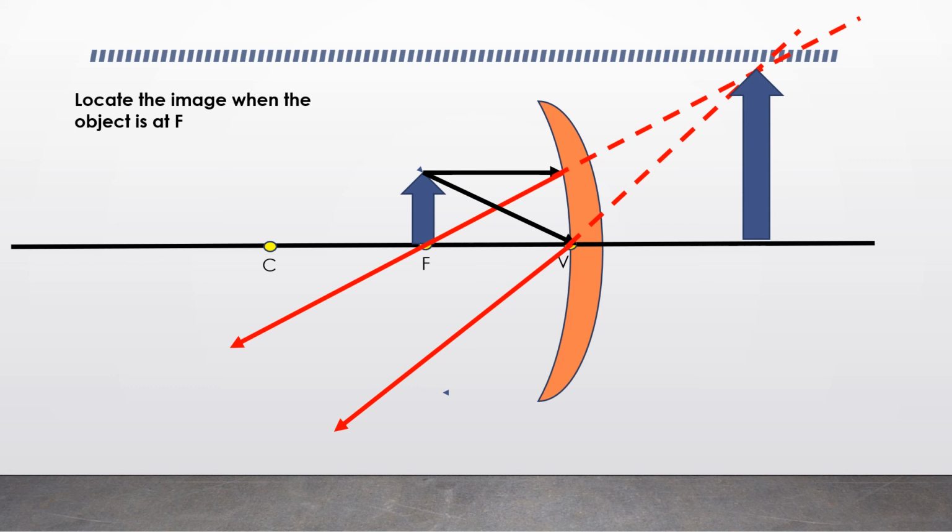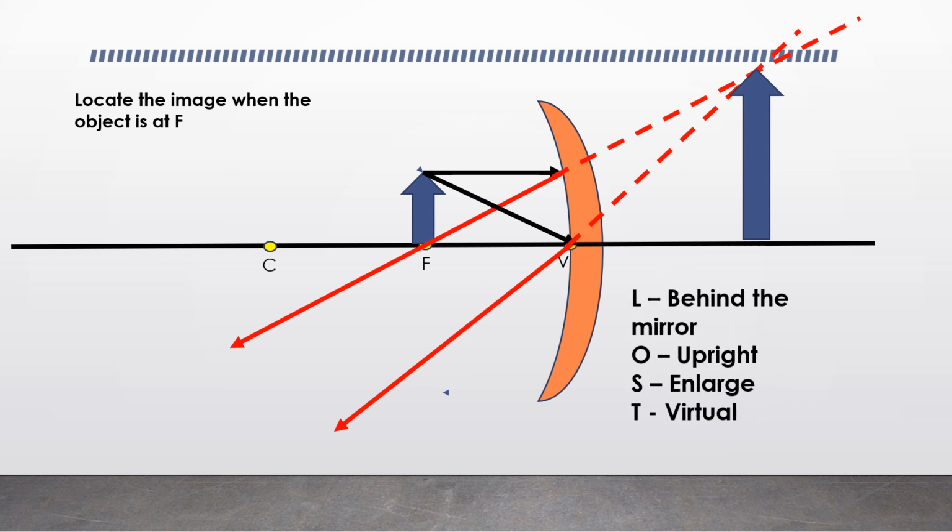So how do you describe the image formed? All right. So the location of the image formed is behind the mirror. The orientation is upright. It is not inverted anymore. It is upright. And the size of the image is enlarged. And then the type of the image is virtual. Why virtual?